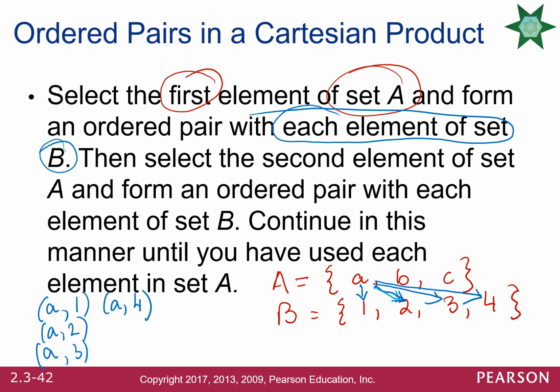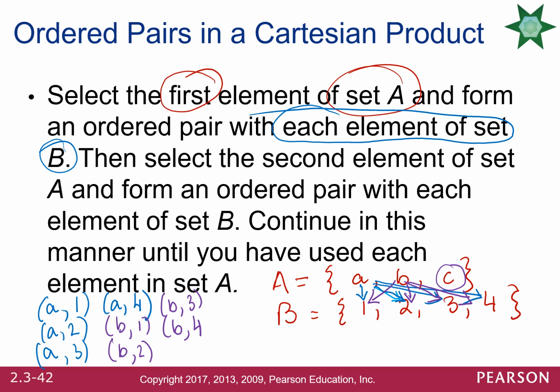And then once we are done with combining the A with all elements in B, we are going to move to B in set A and combine it with B1, B2, B3, and B4. So we are going to end up with (B, 1), (B, 2), (B, 3), (B, 4), and then we are going to move to C once we are done with combining the B with all the elements in set B.